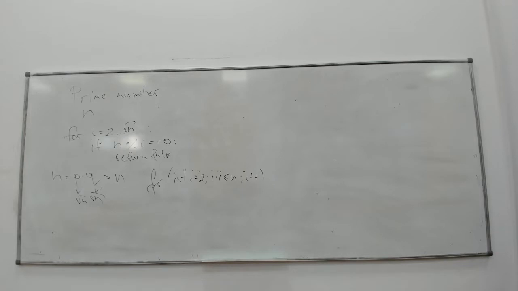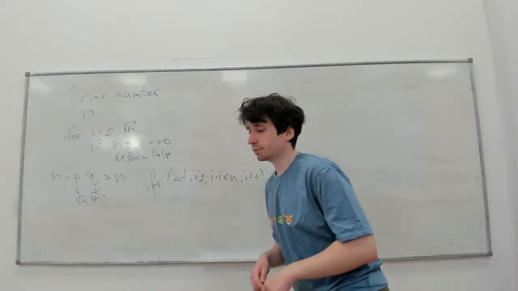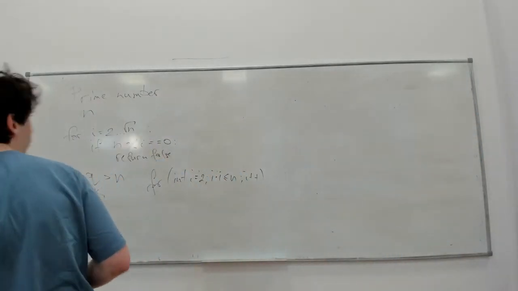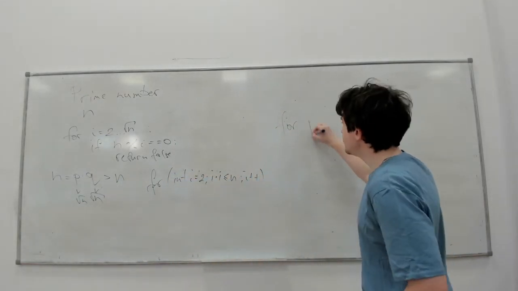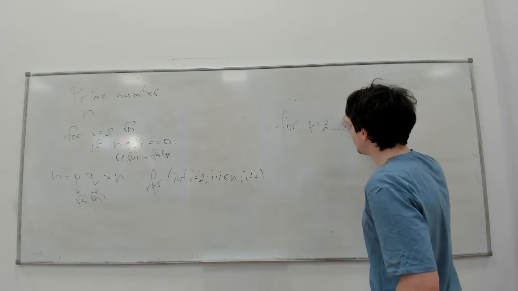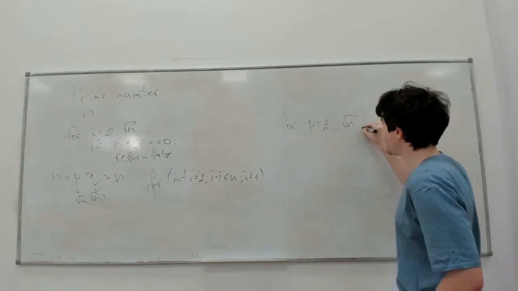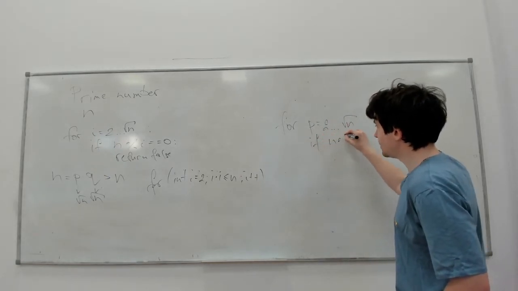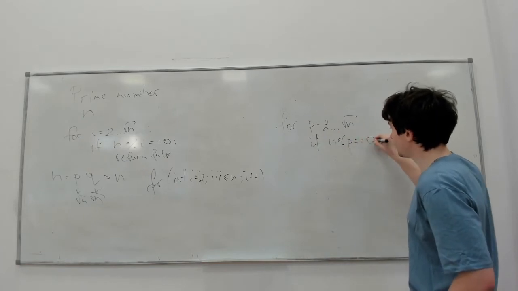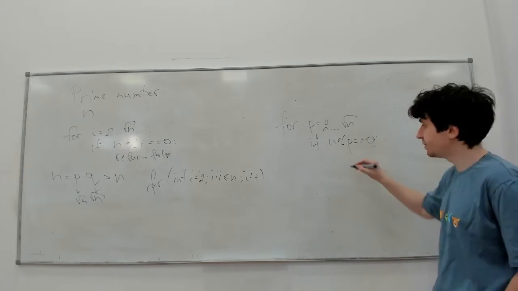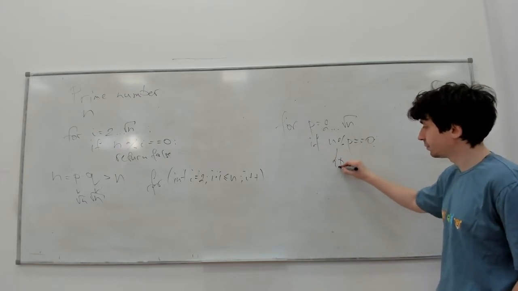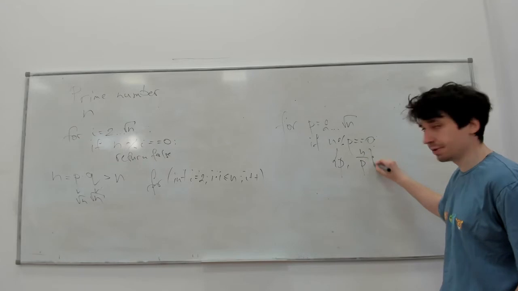No ideas, neither in Zoom nor here. Okay, let me then explain it. You could consider p from 2 to the square root of n. If n is divisible by p, then we have two divisors at the same time: one divisor is p, and another one is n divided by p.